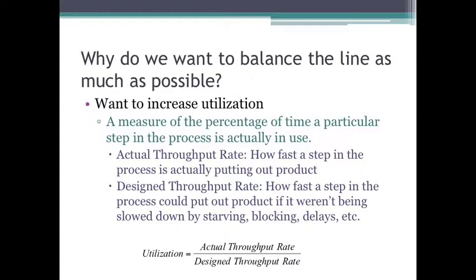Now, when it comes to utilization, we want a utilization that is good, somewhere around 0.8 would be nice, but it's dangerous to have a utilization close to 1. The reason for this is that what tends to happen when we get a utilization close to 1 is the process becomes so bogged down that due to uncertainty, due to variation, we end up not being able to get anything done.